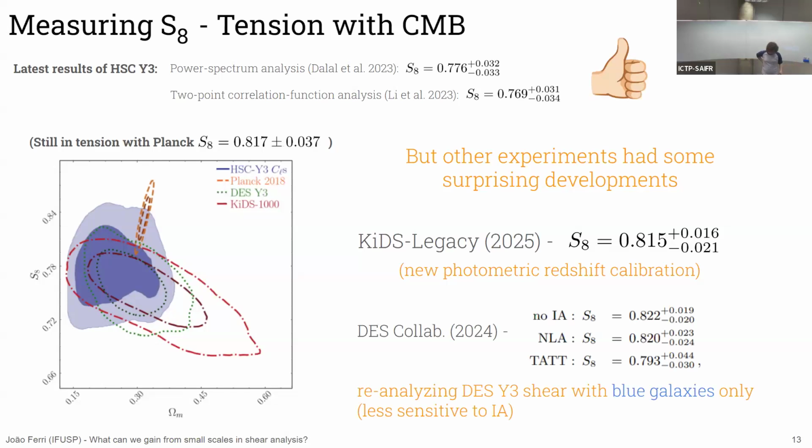With blue galaxies only, their values for S8, independent of the model used for intrinsic alignment, or even without modeling intrinsic alignment at all, are very consistent with the S8 from Planck.